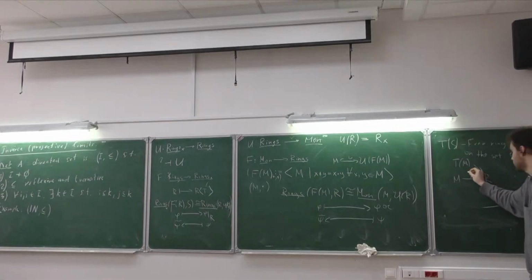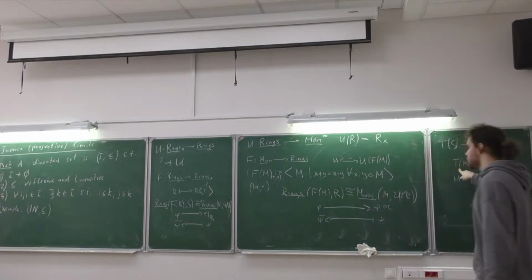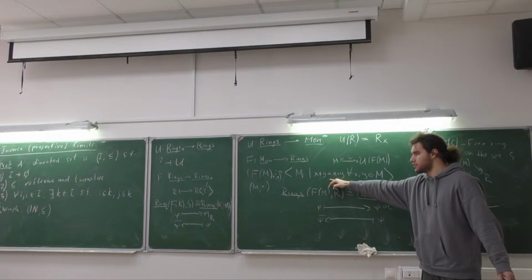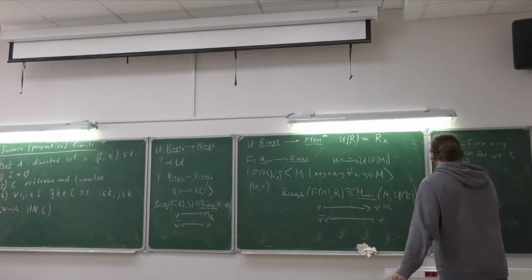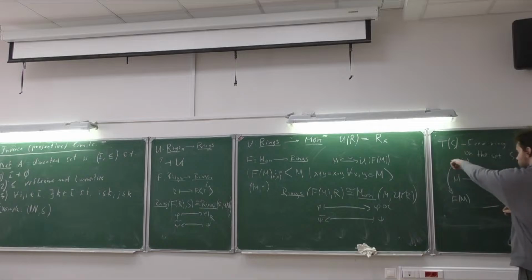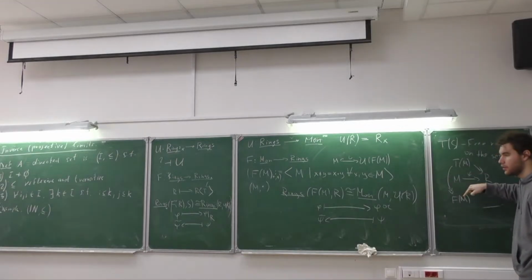Now, what is F of M? F of M is T of M quotient by the ideal generated by these relations, right? So we have this projection here, and the question is whether the upper arrow factors through this projection.